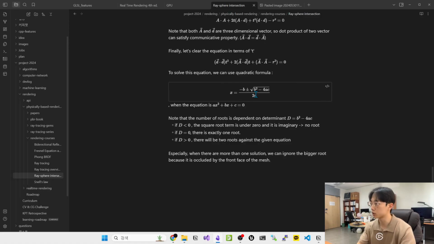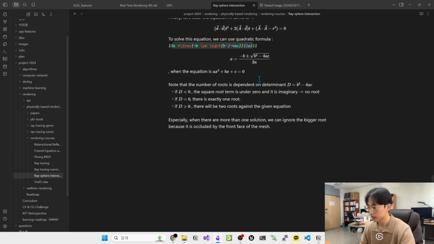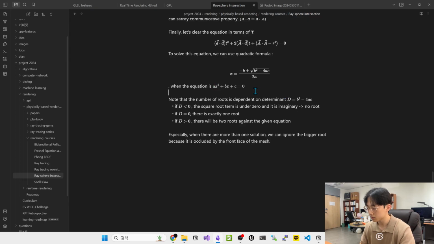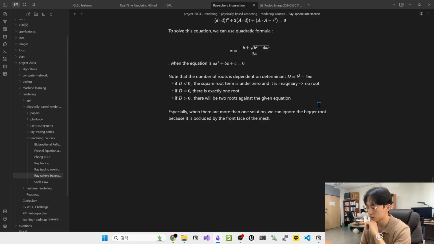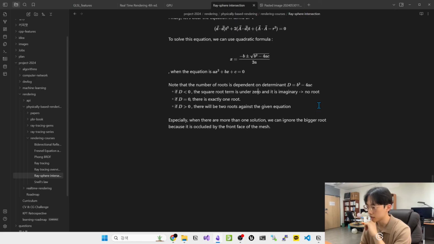If you're familiar with middle school math in the Korean education course, we know that we have a formula to solve the quadratic equation with this famous formula, when the equation form is ax squared plus bx plus c is equal to 0.